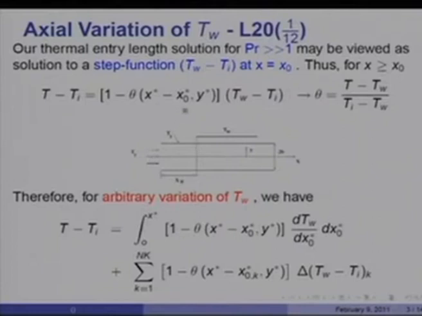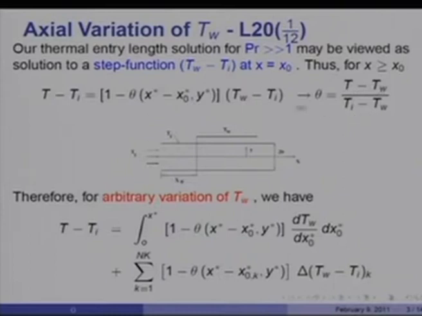So, in fact, we can view our earlier solution of lecture 18 as a step function in T w minus T I, the T I is inlet temperature at x equal to x naught, and therefore, for x greater than x naught, I may write T minus T I equal to 1 minus theta (x star minus x naught star, y star) times T w minus T I, and theta you will recall was defined as T minus T w over T I minus T w.